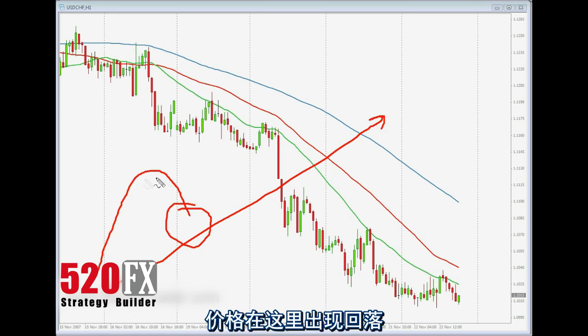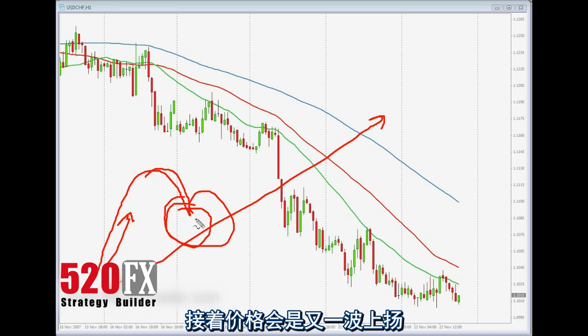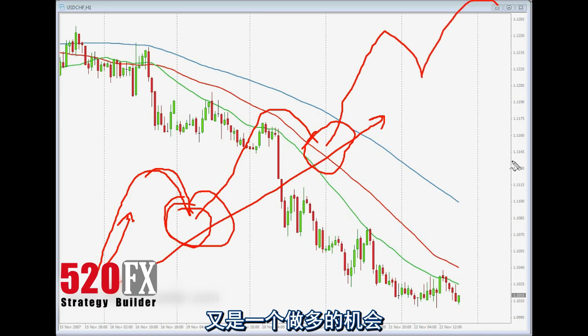Price retraces back, and they adapt to their already long position, and therefore price moves forth into a new swing. Then upon the pullback they adapt to their position, and so on and so forth. Same thing as in a downtrend.